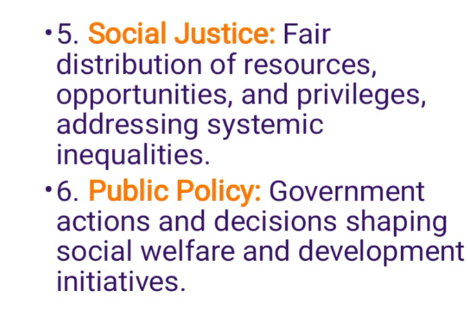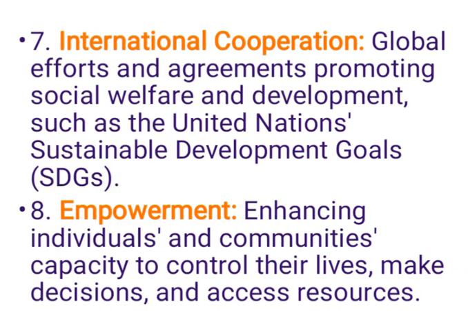Public policy means government actions and decisions shaping social welfare and development initiatives. International cooperation simply means global efforts and agreements promoting social welfare and development, such as the United Nations Sustainable Development Goals. Empowerment means enhancing individuals' and communities' capacity to control their lives, make decisions, and access resources.